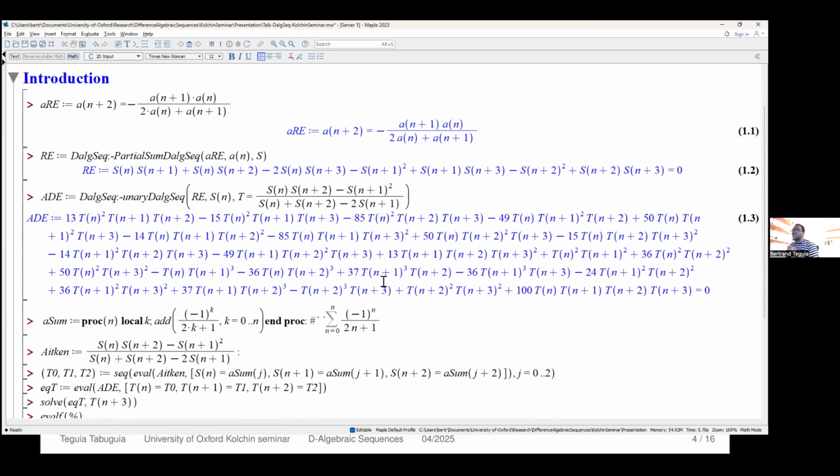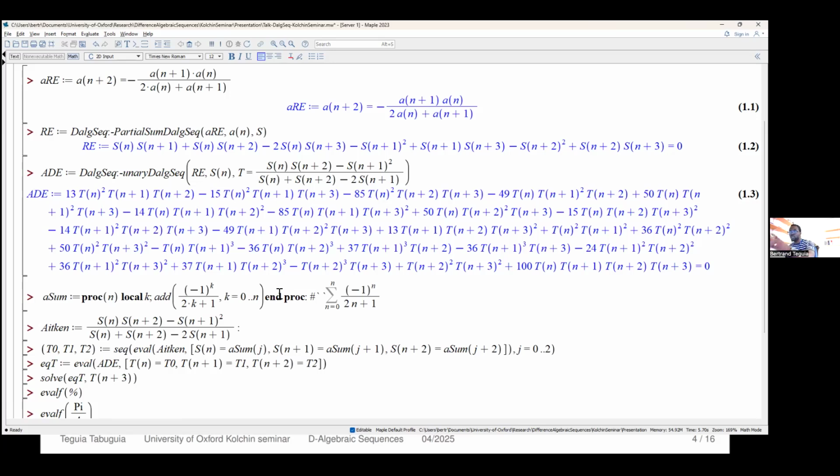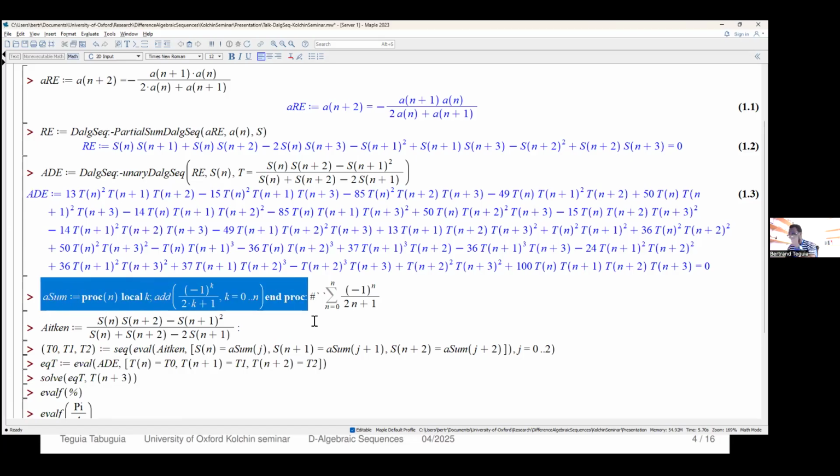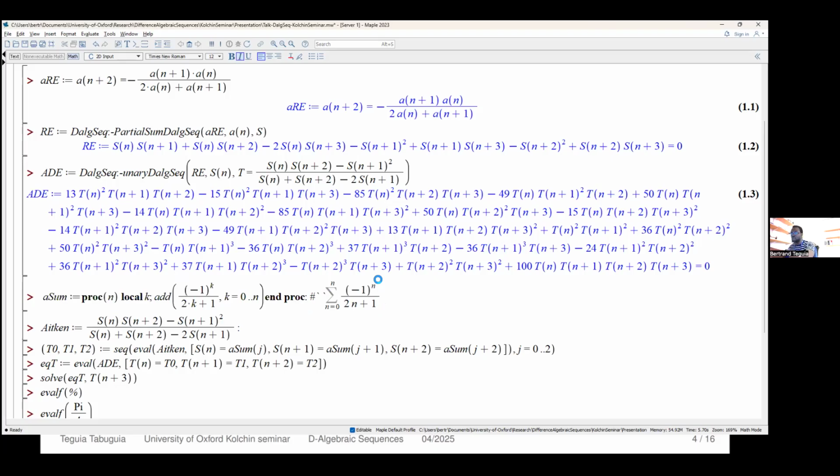Now, in order to launch the sequence, you need 3 terms because this is a recursive relation of order 3. To compute those 3 terms, we will need 4 or 5 terms of the original sequence. The original sequence can be computed with this small code, which computes the partial sum of (-1)^k over 2k plus 1.